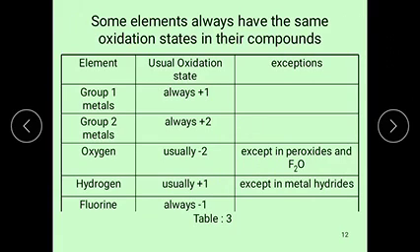Hydrogen usually takes +1 oxidation state, except in metal hydrides. In metal hydrides, it is -1, when a metal is combined with hydrogen. And next one is fluorine, always -1. Fluorine is always -1.